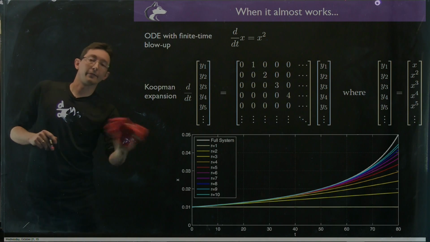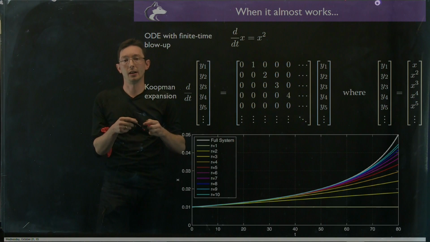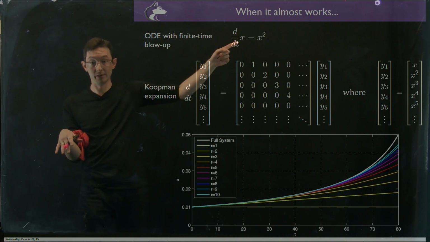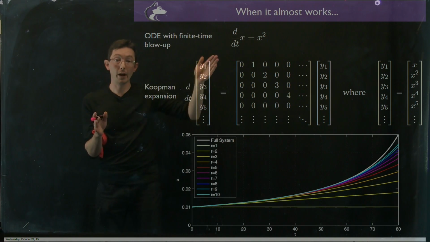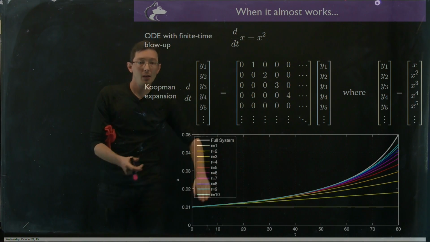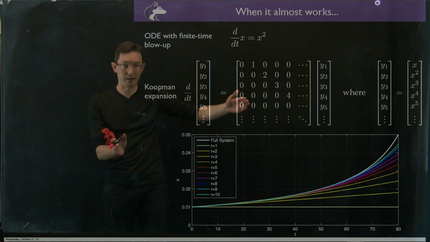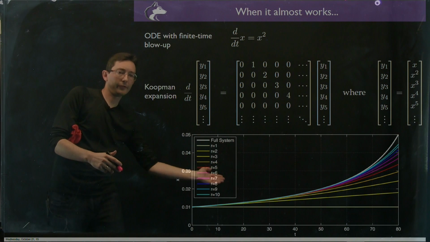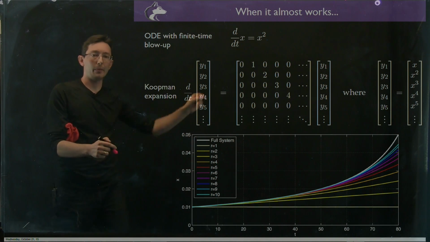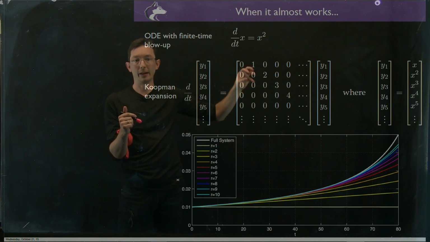And what we find is that for this system, even though there's no exact finite dimensional Koopman subspace that also includes x, there are ways to truncate this where you get better and better approximations of your full system. So here's a MATLAB simulation. The white curve is my full system for some time. And these different colored lines essentially show what happens when I take the first 1 by 1 subblock, or 2 by 2, or 3 by 3, or 4 by 4.